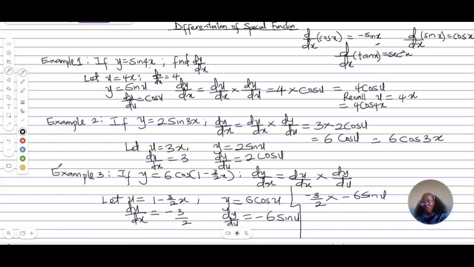Negative times negative is positive, so I have 3 over 2 times 6 sine u. The 2 goes into 6 three times, so 3 times 3 is 9. So that is 9 sine u. Remember that u is 1 minus 3 over 2x, so I write 9 sine(1 minus 3 over 2x). And that's that about that.